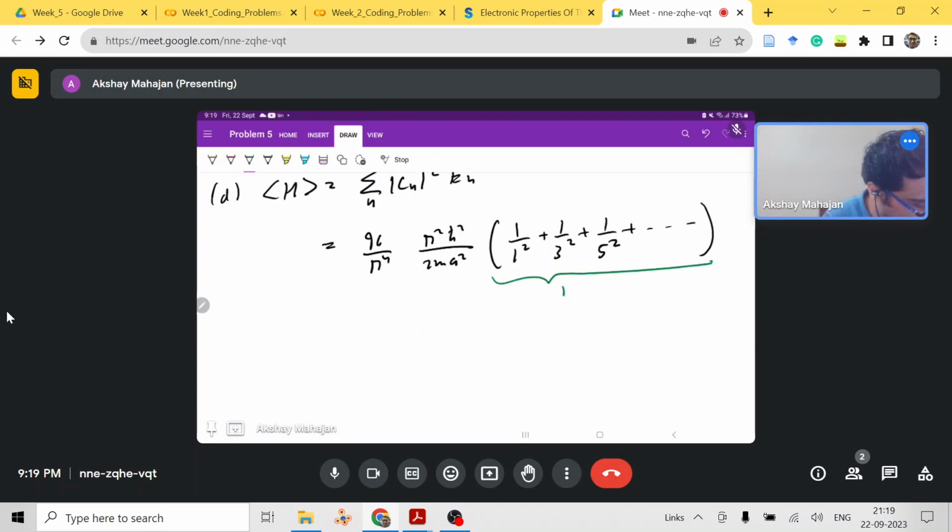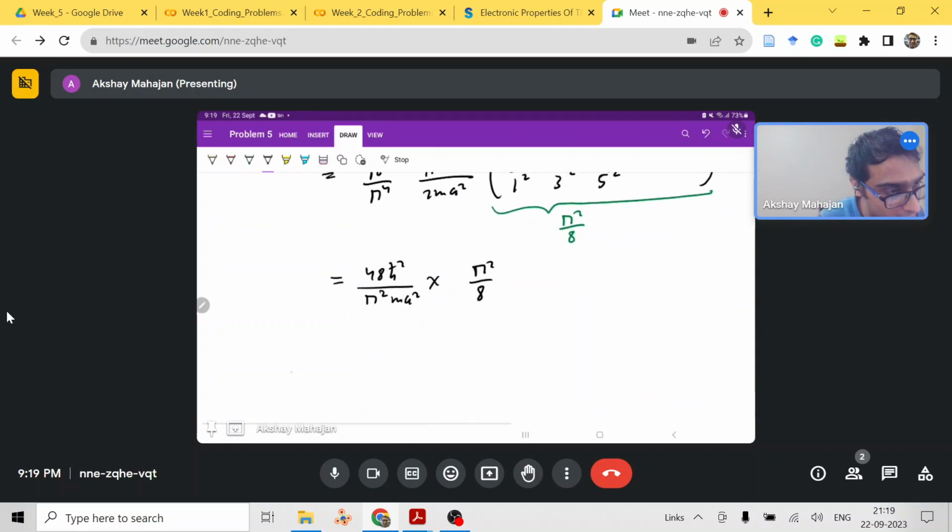This is just a series whose summation comes to pi squared by 8. So our expectation value comes as 48 times h-bar squared upon pi squared m a squared times pi squared by 8.